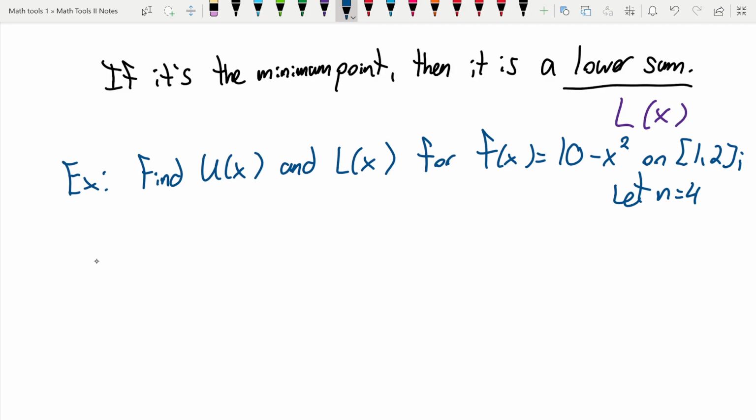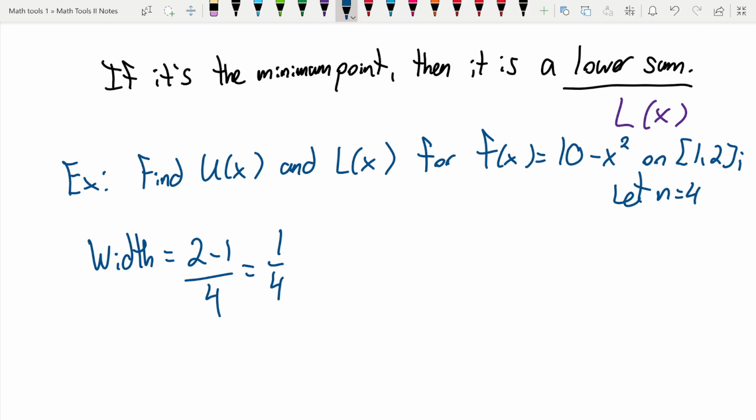So first of all, the width of each of the rectangles will always be the same. So it's going to be (2 minus 1) over 4, right? The difference of the endpoints divided by n. So the width's going to be 1/4.